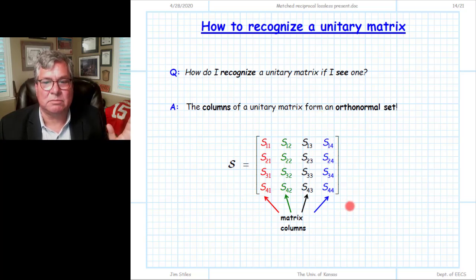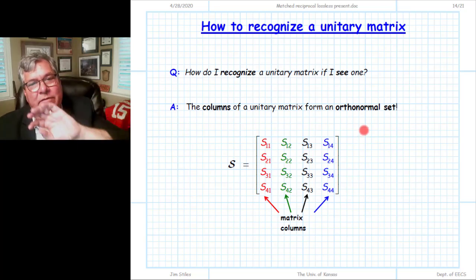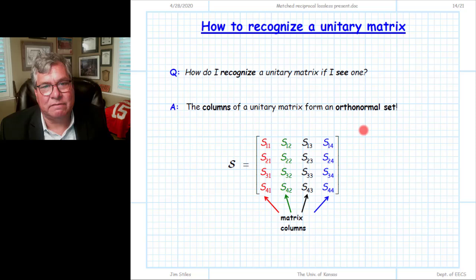Each of these 4 columns represents one of the 4 experiments, where there is only one incident wave on an individual port. And these columns are the key to understanding a unitary matrix, because a unitary matrix is a square matrix whose columns form an orthonormal set.